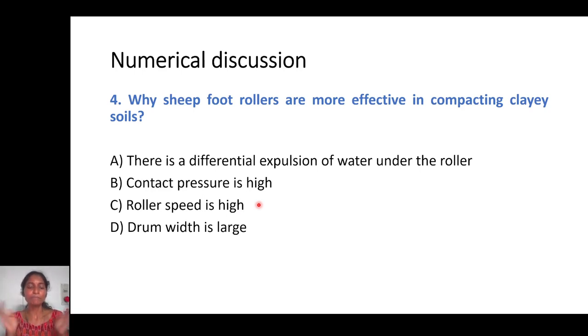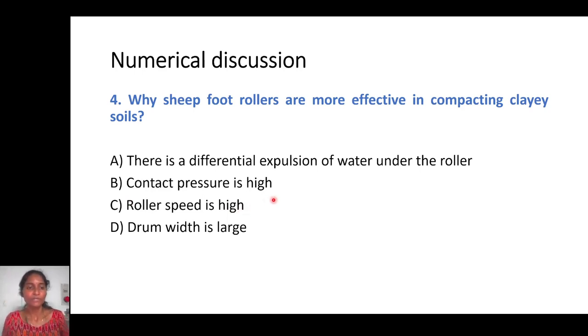If I place a roller at a particular place for 1 hour, there will be more settlement. If the roller just passes very quickly at 50-60 kmph, there will not be much load contact, so the compaction will not be better. So roller speed is high, and because of that we are having effective compaction, is wrong.